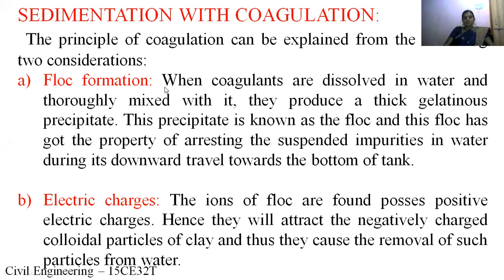Flock formation: when coagulants are dissolved in water and thoroughly mixed with the water, they produce a thick gelatinous precipitate. Whatever thick gelatinous precipitate is formed, we call it flock.